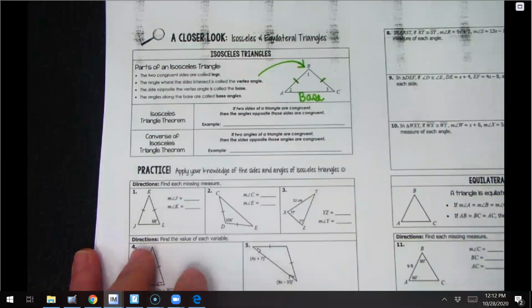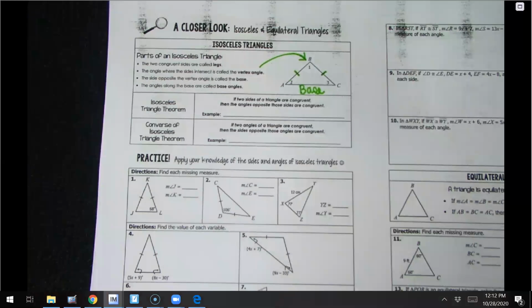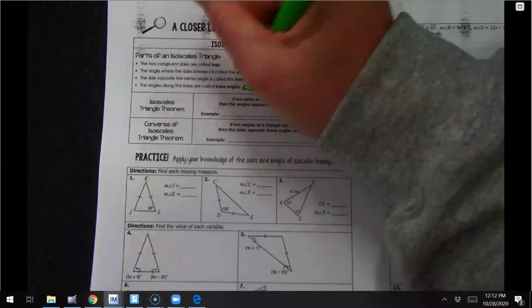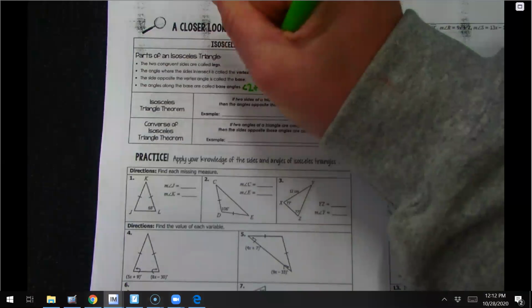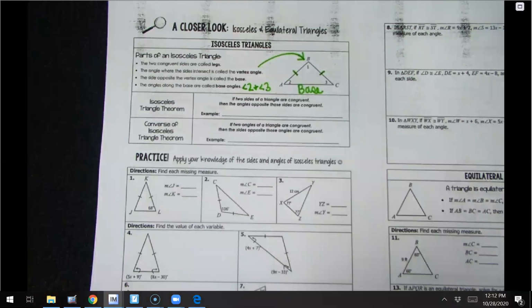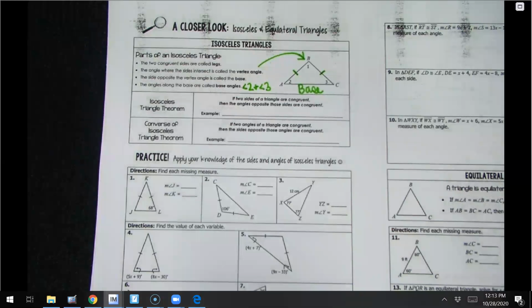And then the angles along the base are called base angles. So in this case, angle 2 and angle 3 are our base angles. Now, the isosceles triangle theorem says if two sides of a triangle are congruent, then the angles opposite those sides are congruent.